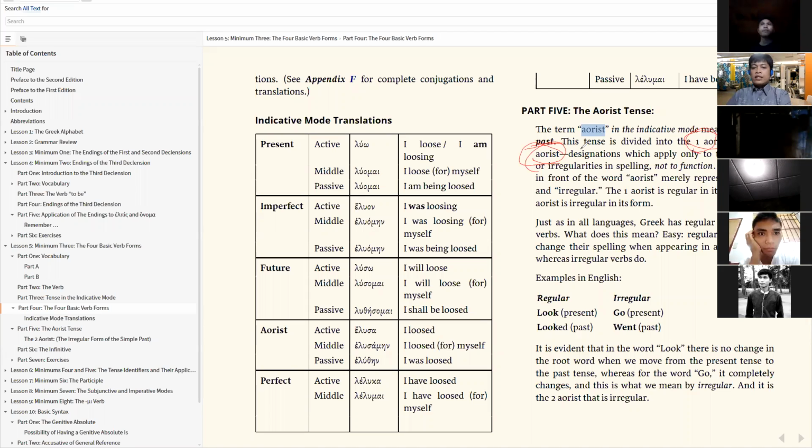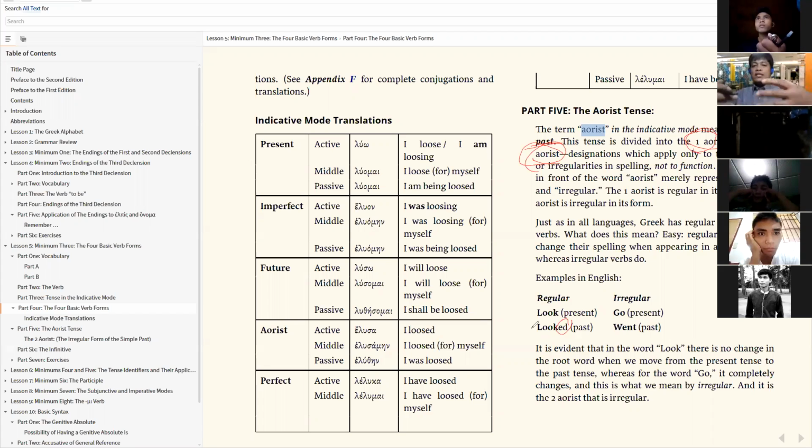An example in English is down here below. For the regular, for example, the word look. Look is the present. The past tense would be just add ed, so that's looked. Again, let me repeat that. In English, you have the word look. That's a regular verb, all right?